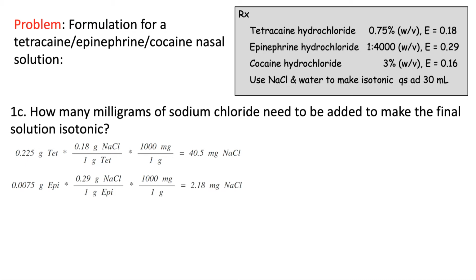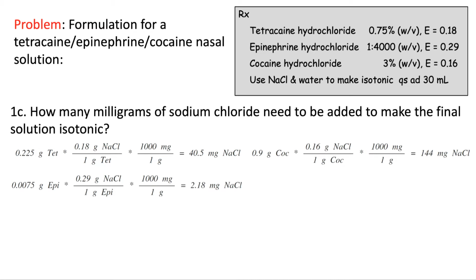That's what's equivalent to our amount of epinephrine. Third ingredient was cocaine, so we'll start with our 0.9 grams of cocaine times its E value, which was 0.16 grams of sodium chloride per gram of cocaine, so grams of cocaine cancel, multiply by 1,000 milligrams per gram, and our final answer there would be 144 milligrams of sodium chloride.